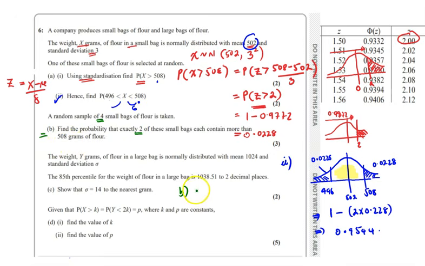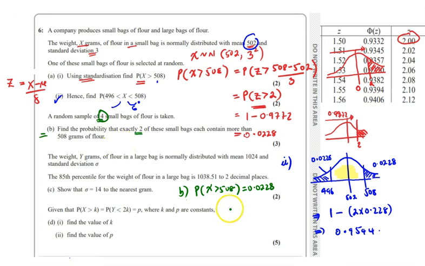Now we know that the probability that a bag contains more than 508 is 0.0228. But you have 4 bags and you want exactly 2. That means we can have 2 out of the 4.